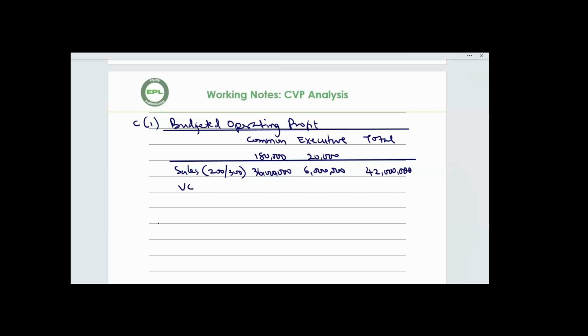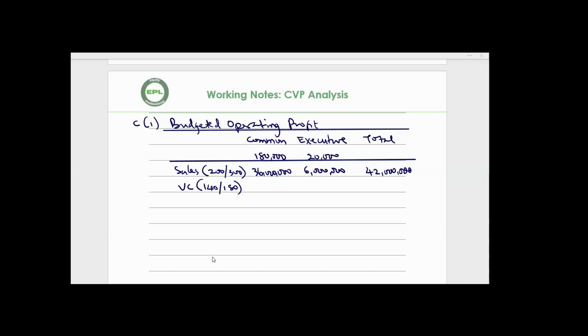Then variable cost. Variable cost for common is 140. Variable cost for executive, 180. Therefore, 180,000 multiplied by 140.